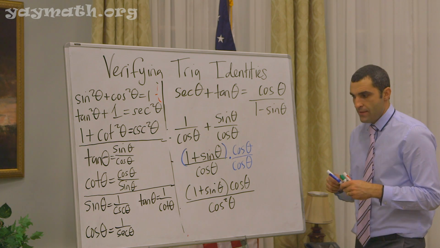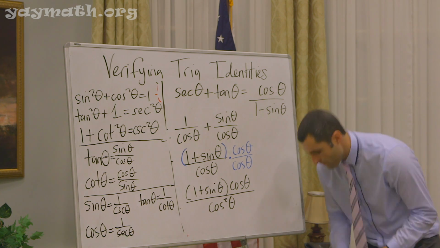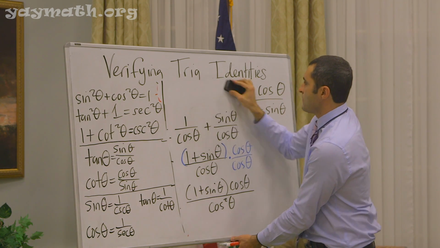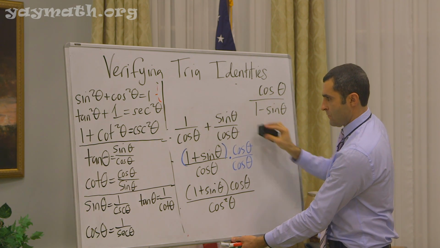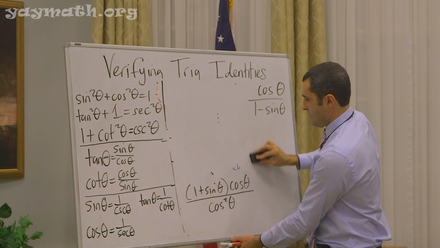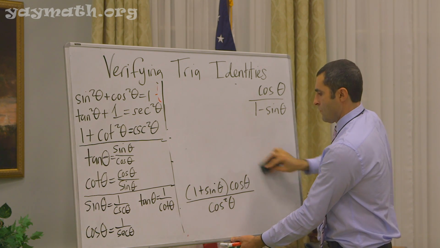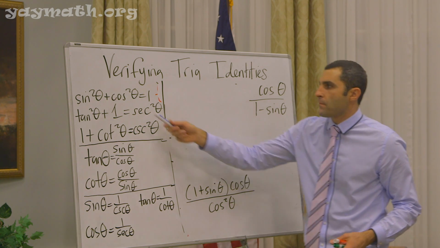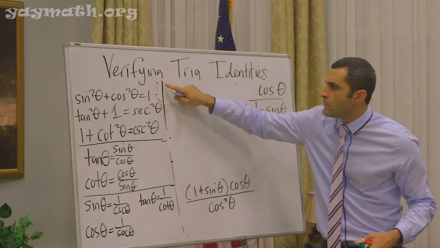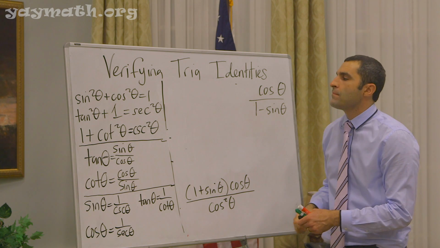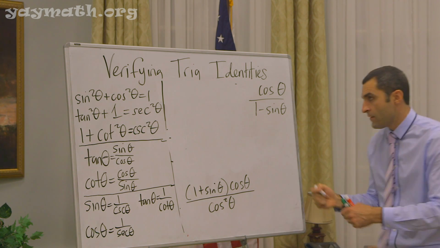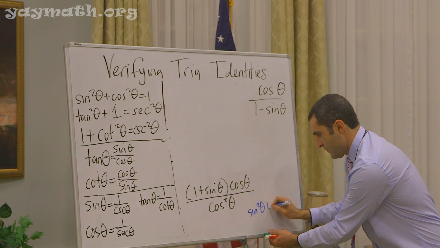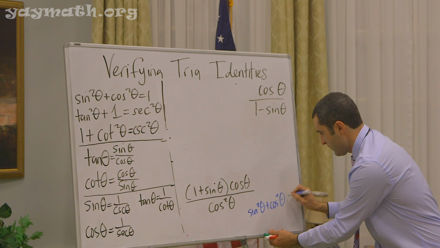Now this is an identity. Cosine squared equals 1 minus sine squared.